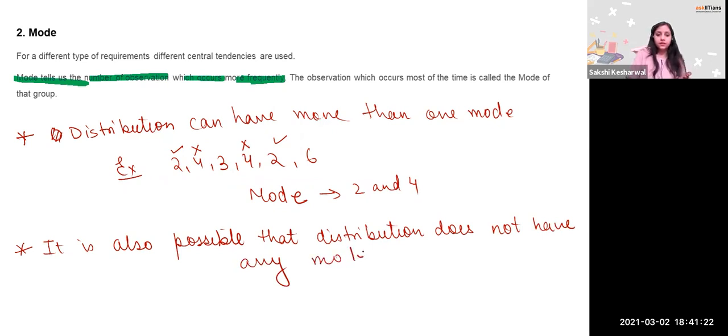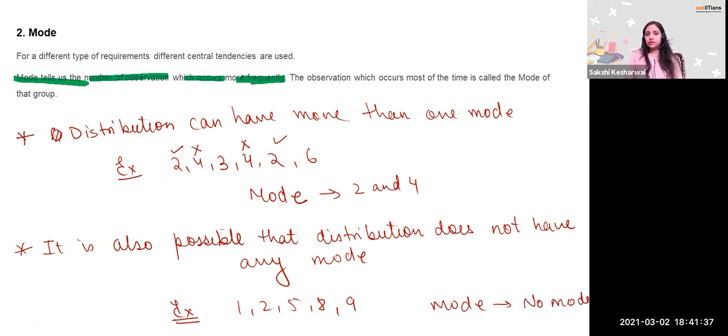If I give you an example like 1, 2, 5, 8 and 9, what is your mode? Nothing is the mode. Nothing is being repeated more than once. So in this case we write no mode. This is what we are going to write as the answer.